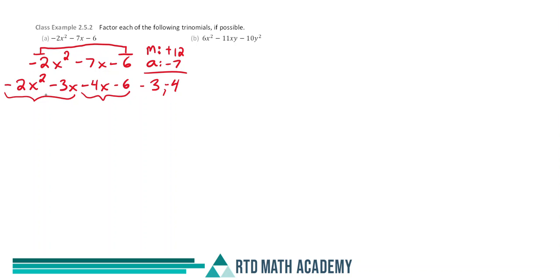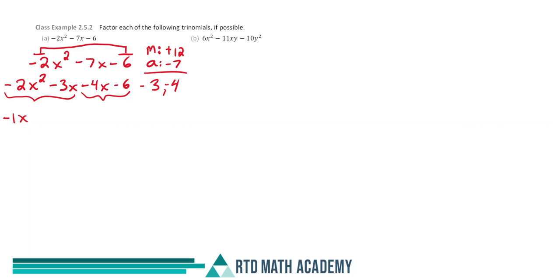So let's factor the first two here. And what we're going to do, we're going to look, okay, is there anything in common with 2 and 3? Well, no, so I can't actually factor out a number there. But I do actually want to factor out a negative. I don't really like having the negative sitting out front here. So what I'm going to do is just factor out negative 1. Okay? And then if I look at my x's, what I have is x squared and x, right? So I can factor out negative 1x.